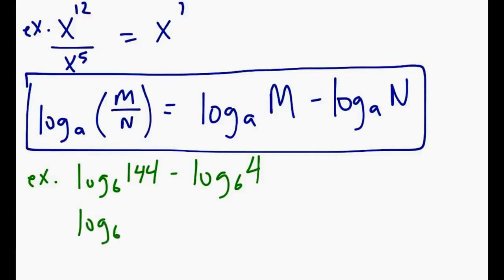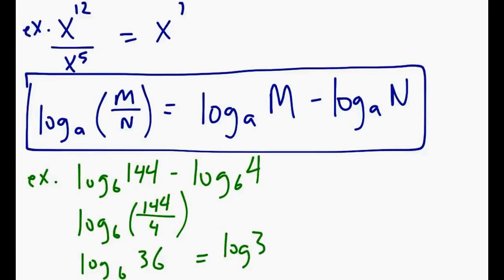That means it would be the same thing as 144 divided by 4, which on your calculator is 36. And just like the last question, we can either change it back to exponents, or you could just do the division, log 36 divided by log 6, whichever way you want, and that'll give you an answer of 2.